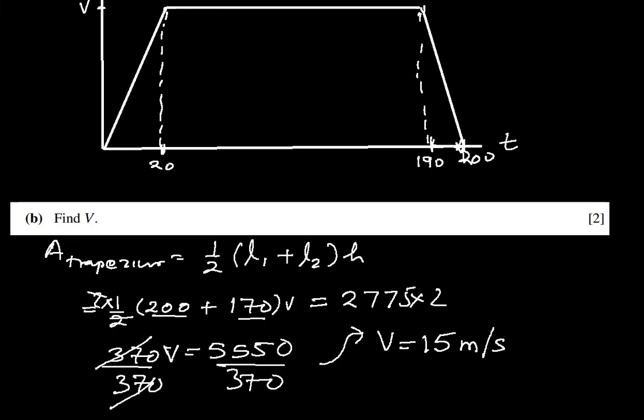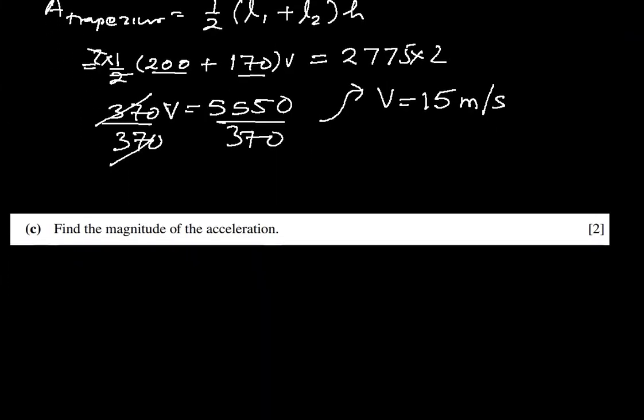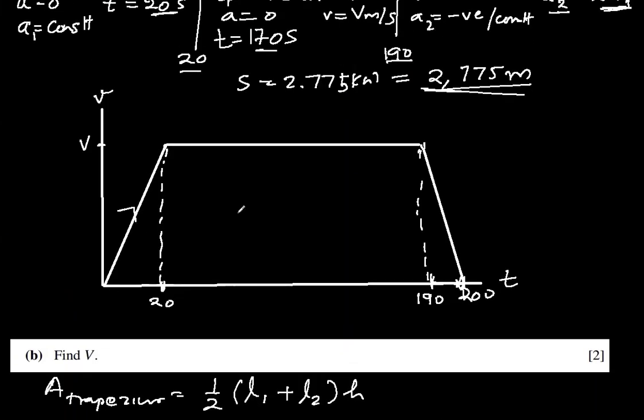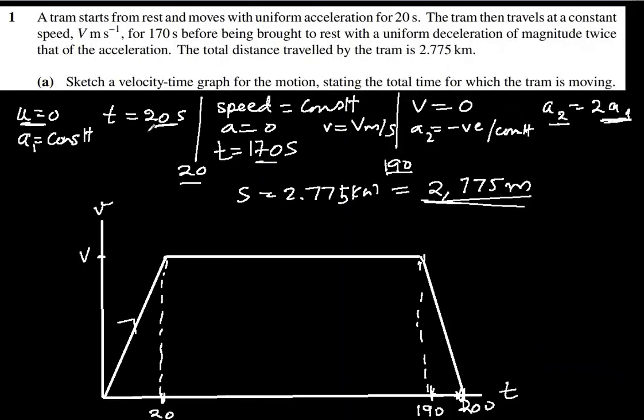Found v. What next? Find the magnitude of the acceleration. So acceleration is this one, right? Here we have this situation: u is 0, t is 20, acceleration we have to find out, and we know that v is now 15.